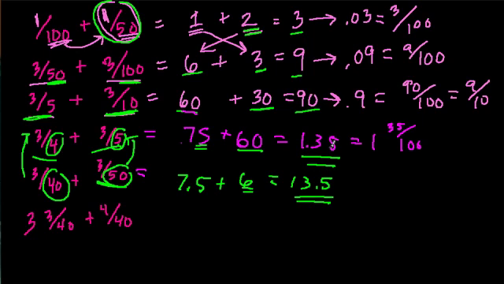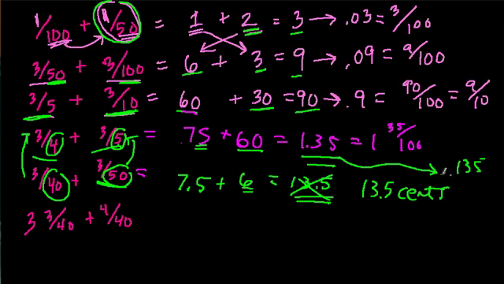So instead of $1.35, we get 13.5 cents, which, look at me, I'm writing this incorrectly. I should write 13.5 cents. Or, to keep it in the same format as here, 0.135, right, dollars. If you take 13.5 cents and you have 10 groups of them, you will get $1.35.